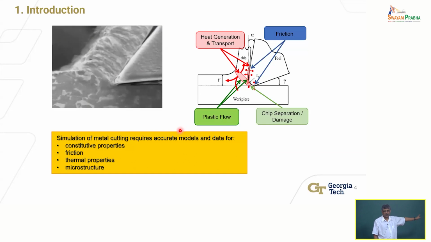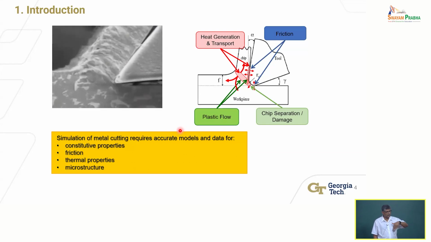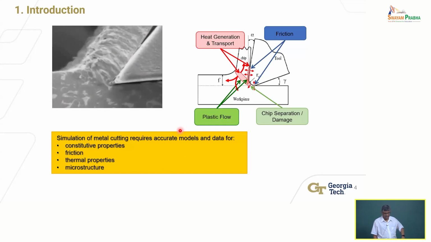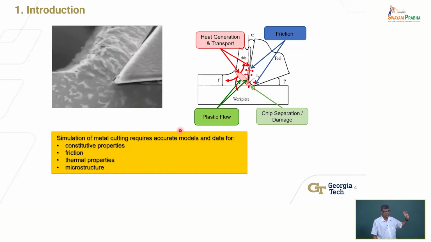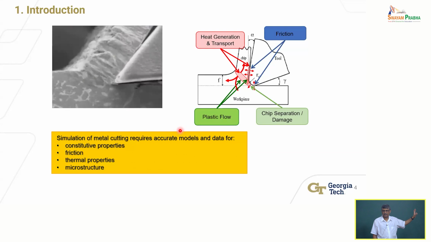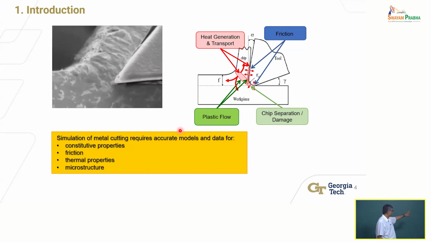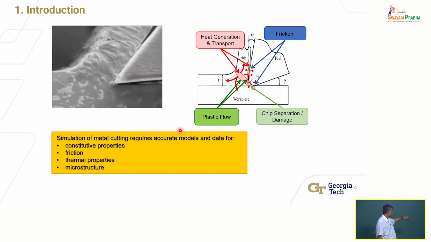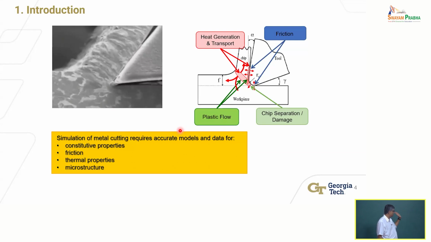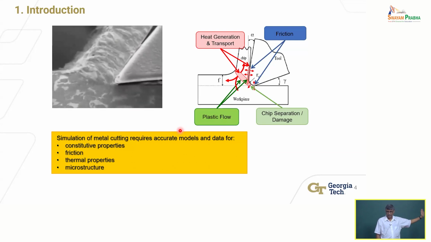It is called orthogonal cutting. It's taking a wedge-shaped tool and removing a layer of material. That's what you see. You can see the severe plastic deformation that the metal is undergoing, right? Undeformed material approaches the tip of the tool, and then as soon as it reaches a certain point, it shears heavily, okay?